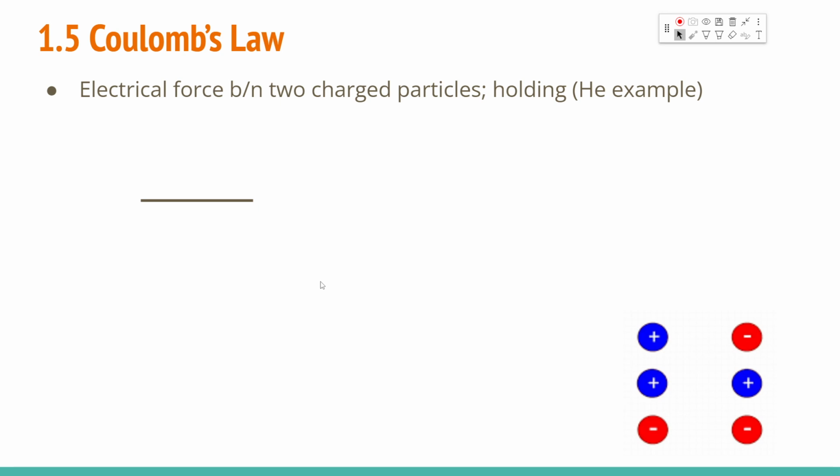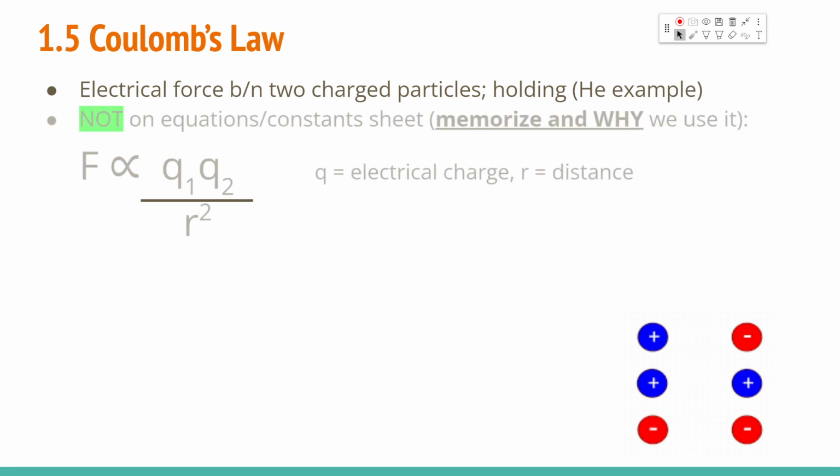Now, I don't have to necessarily talk about attraction with Coulomb's law because it says electrical force between 2 charged particles. I could talk about, for example, the 1st proton and the 2nd proton in helium and how they would be repulsed by each other. So electrical force could be talking about attraction, or it could be talking about repulsion.